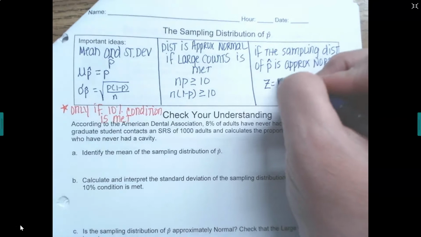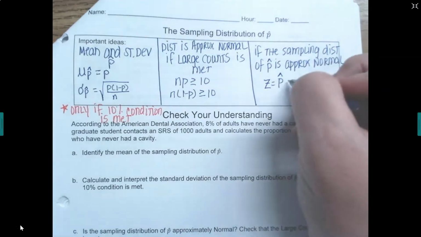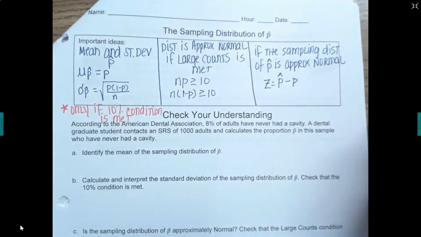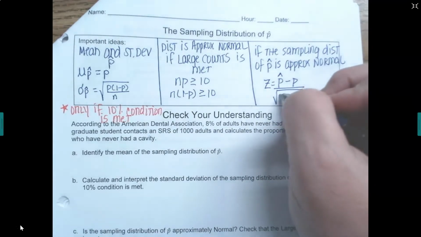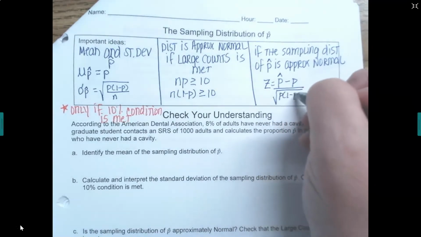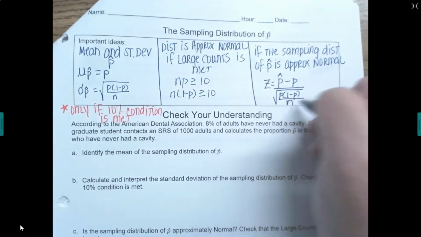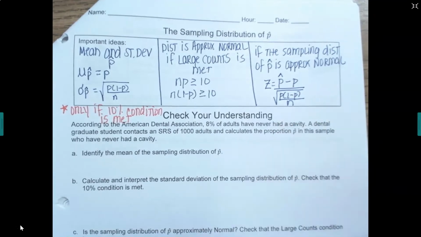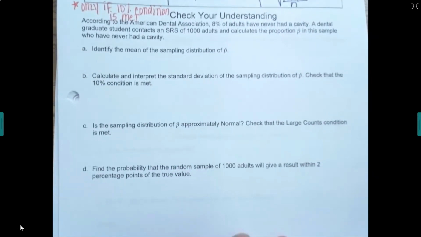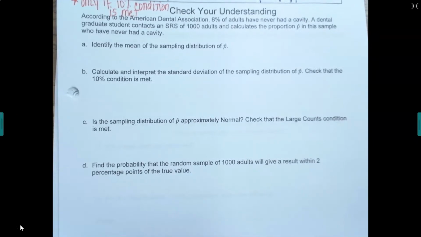You'll take your statistic minus your parameter and divide it by the standard deviation of the statistic. Then you'll get your z-score, and you'll get your table A out and look up the probabilities. All right, so this is a lot, and I want to make sure that you can do it. Try these on your own and then come back and check your answers.